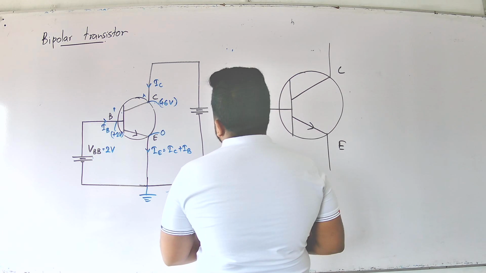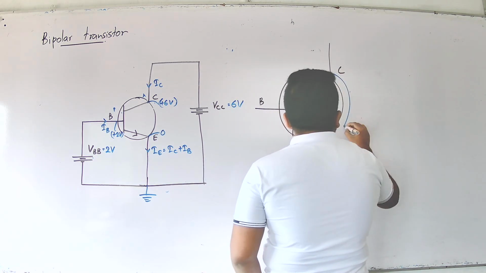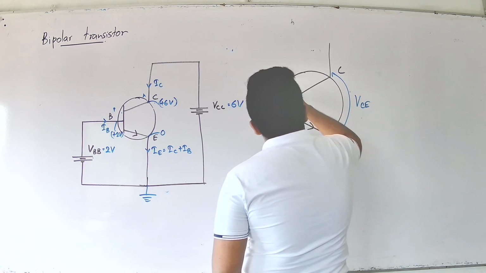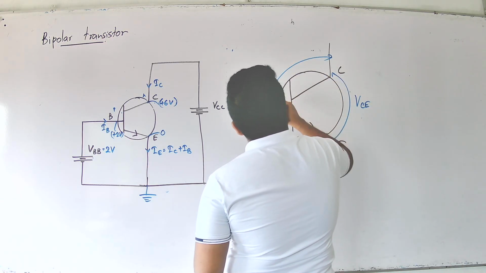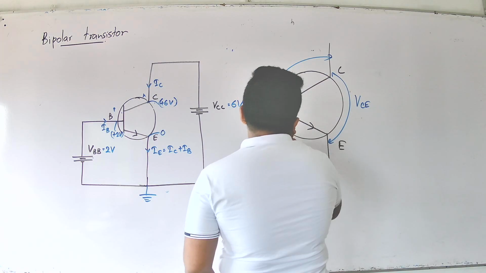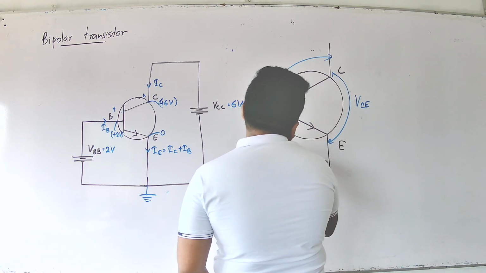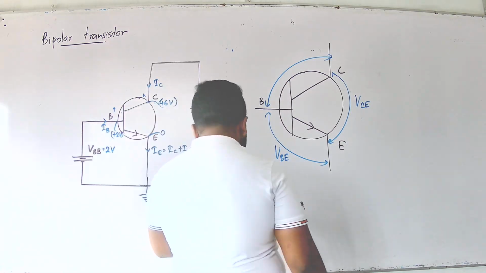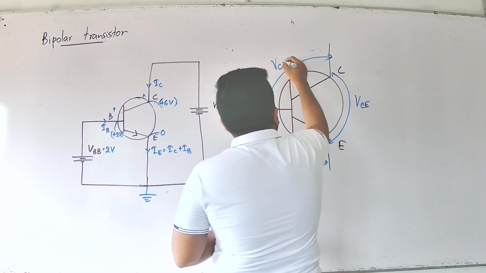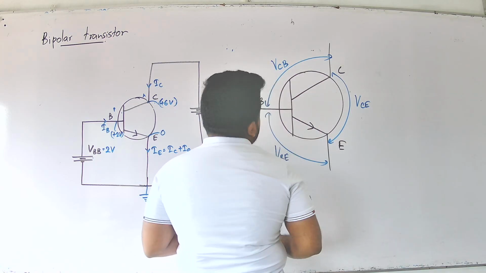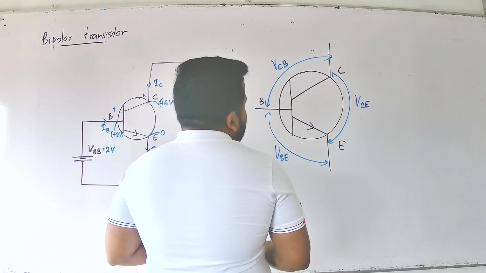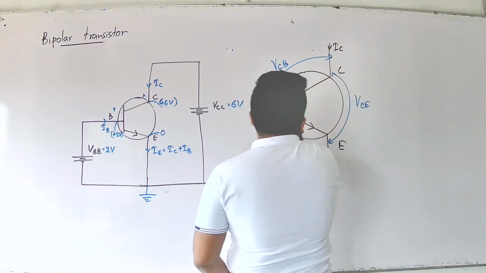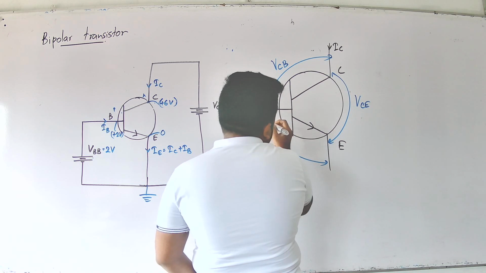So this voltage is VCE. This voltage is VBE. Most of the cases we are using VCE and VBE, right? And also this one is VCB or VBC, right? So we are using these symbols, and also this is IC current, IB current, so IE current, right?